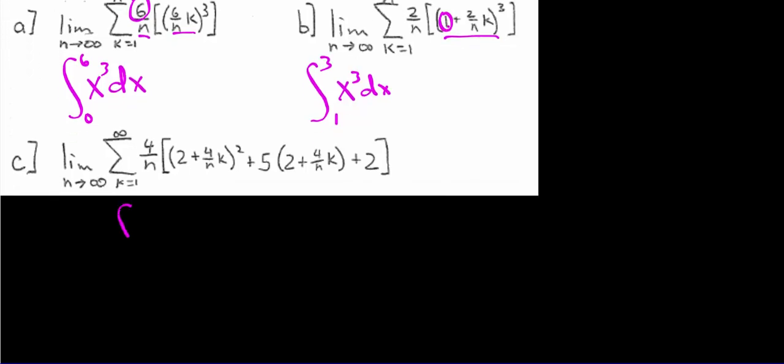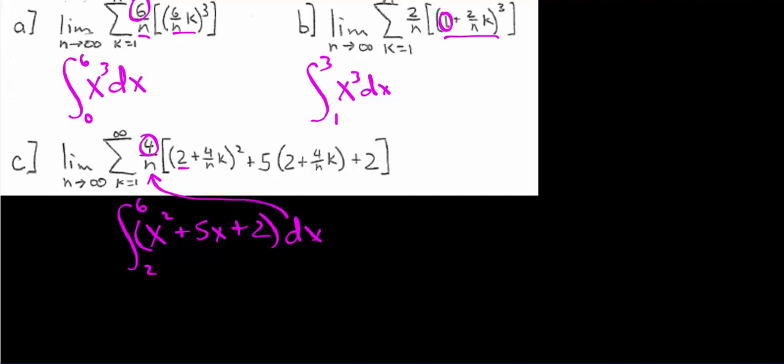This integral down here goes from 2 to 6. From 2, and then I add 2 and 4 and get 6. x squared plus 5x plus 2. The delta x, and here's the x squared, the 5x, and the plus 2. And there you have it.